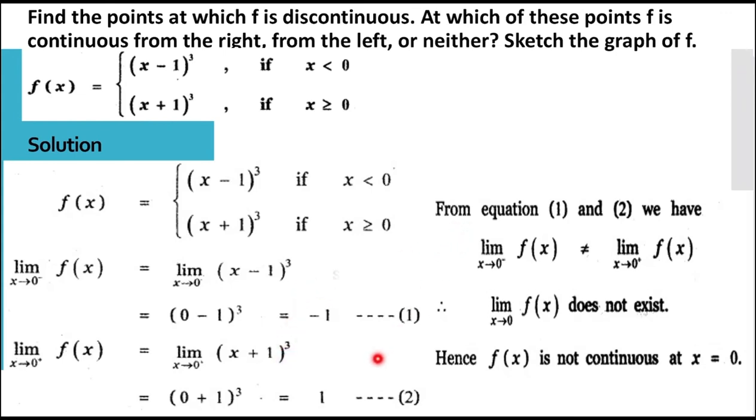So, from these two equations, limit x tends to 0 minus f of x is not equal to limit x tends to 0 plus f of x. So, the limit does not exist and it is not continuous at x is equal to 0. Okay.